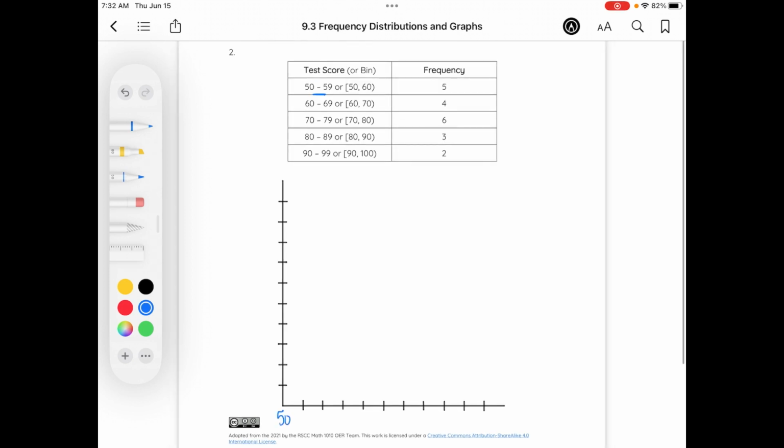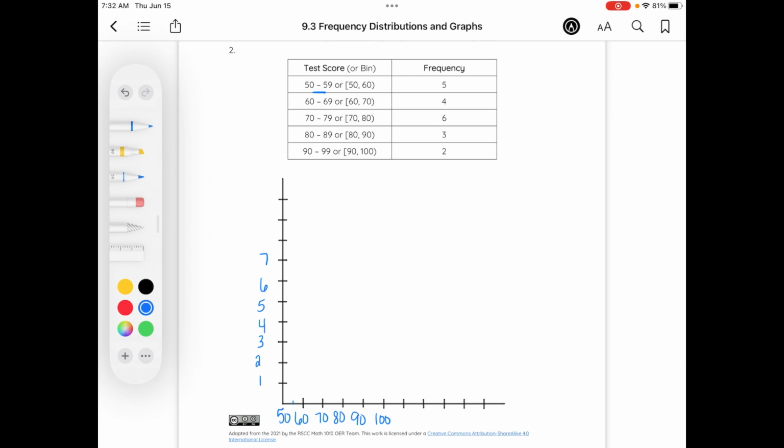So I had set up 50, 60, 70, 80, 90, 100, and our frequency 1, 2, 3, 4. So between 50 and 60, we had 5. So I'm going to go in the middle all the way up to 5, thinking about where that rectangle would be for our height and putting it in the center.